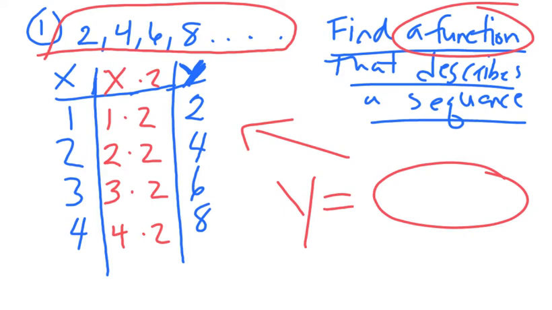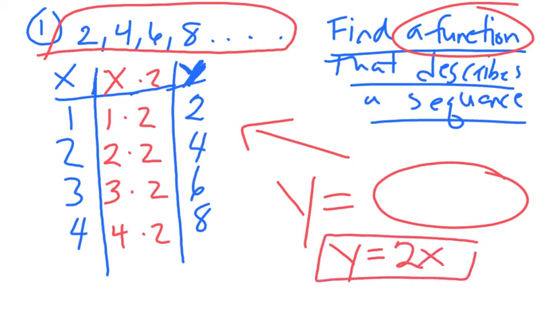So x times 2 is what's happening. If we're writing that in an equation, we would write 2x, wouldn't we? So the equation that goes with this is y equals 2x, and that is our answer to this problem. We are looking for an equation that goes with it.